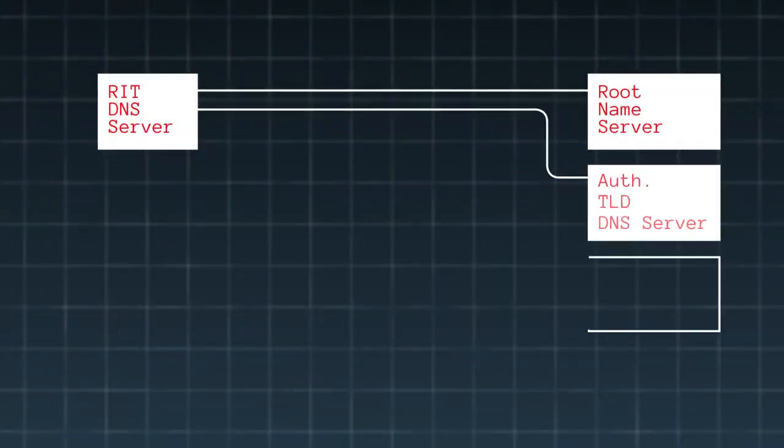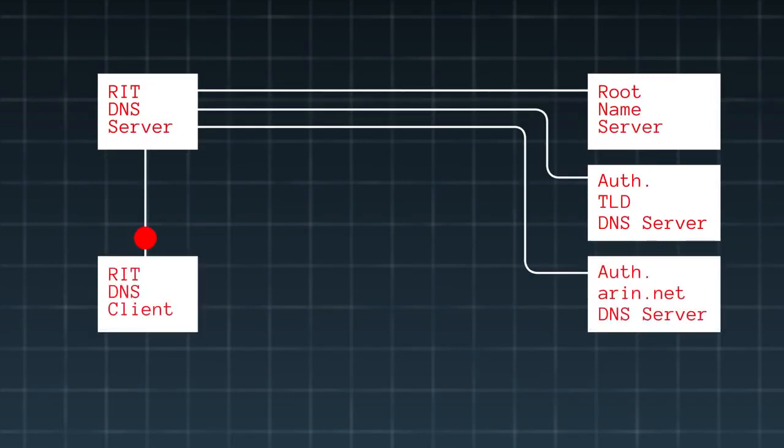If a client's DNS server supports DNSSEC, it sets the DO, DNSSEC OK flag in its DNS requests to a root name server, an authoritative TLD DNS server, and the authoritative DNS server of the domain in question.